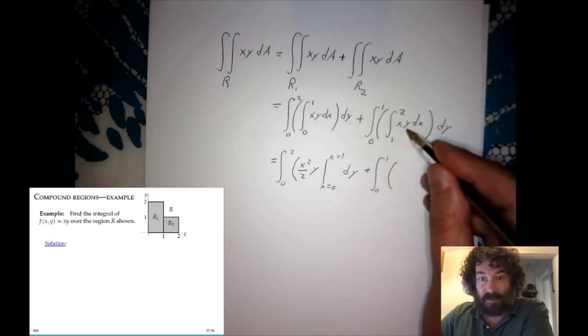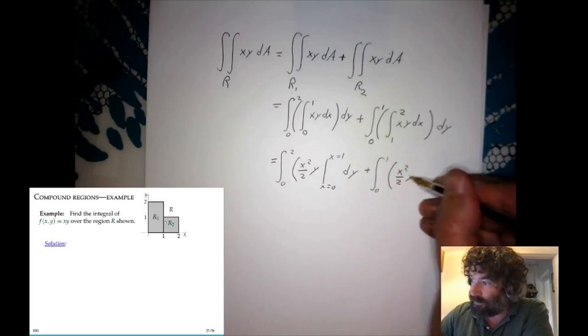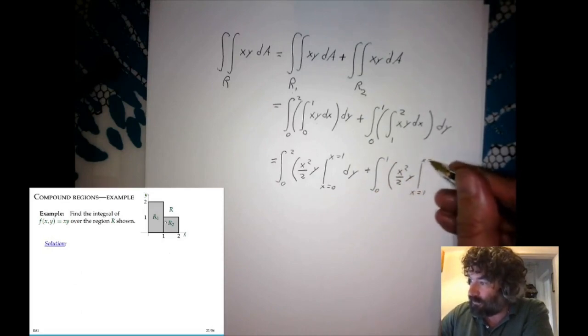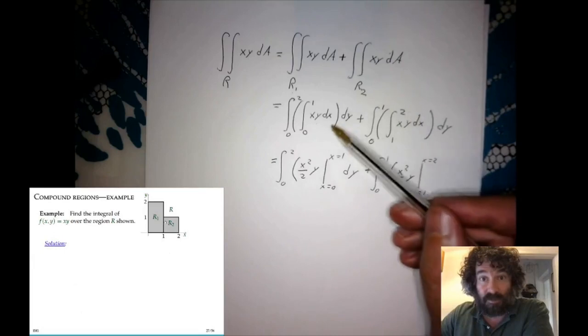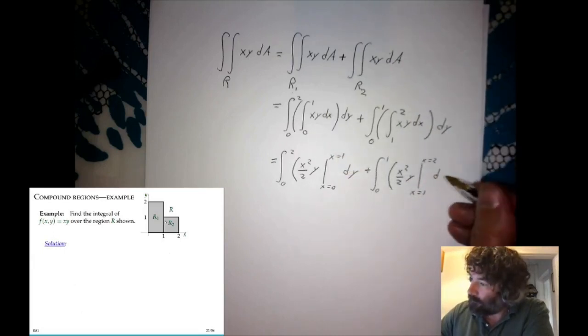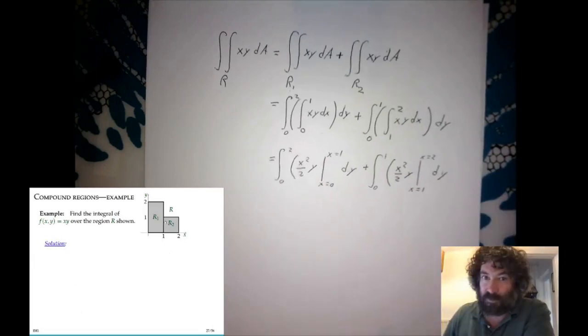The indefinite integral here is the same as in the other one, x squared over 2 times y, evaluated from x equal 1 to x equal 2. So the difference here is that the limits in this iterated integral are from 1 to 2 for x, whereas here is from 0 to 1. And dy. Okay, so now let's put in the limits in both of these.